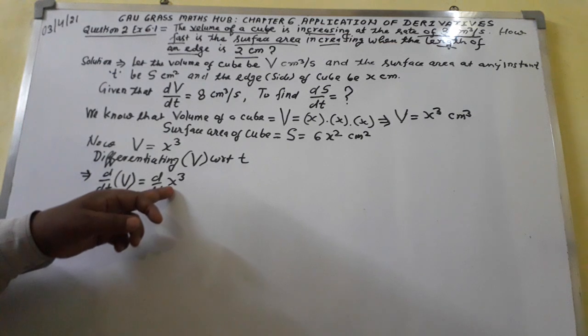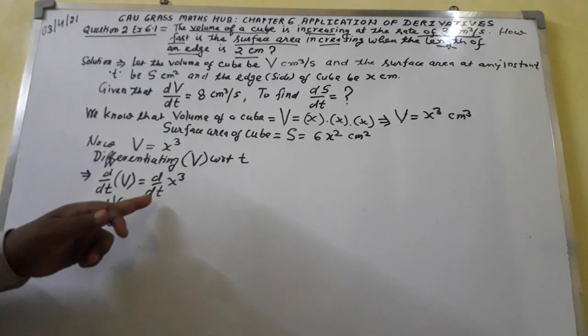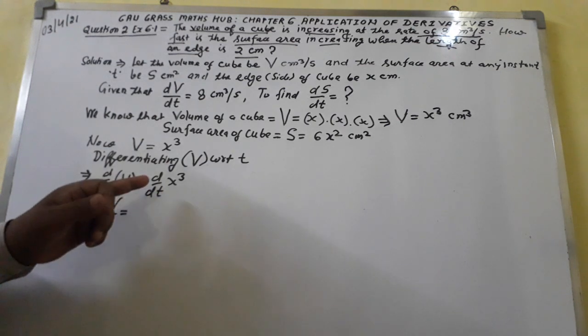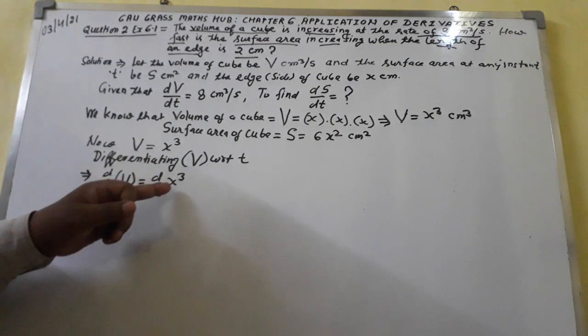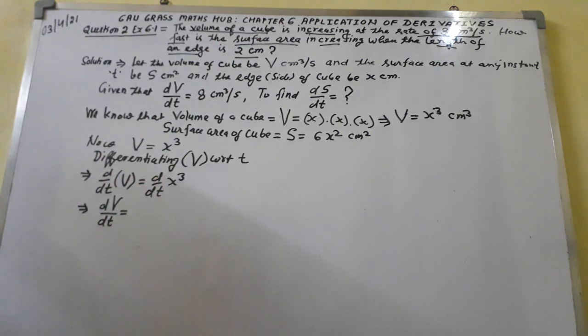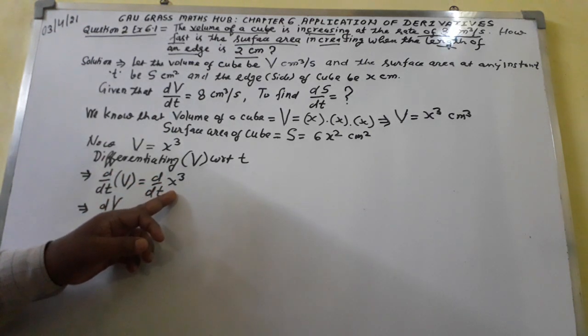Here in the numerator x is available and in the denominator t is available. Both are different. That's why dx over dt will be multiplied. For time being, let x equal to t.